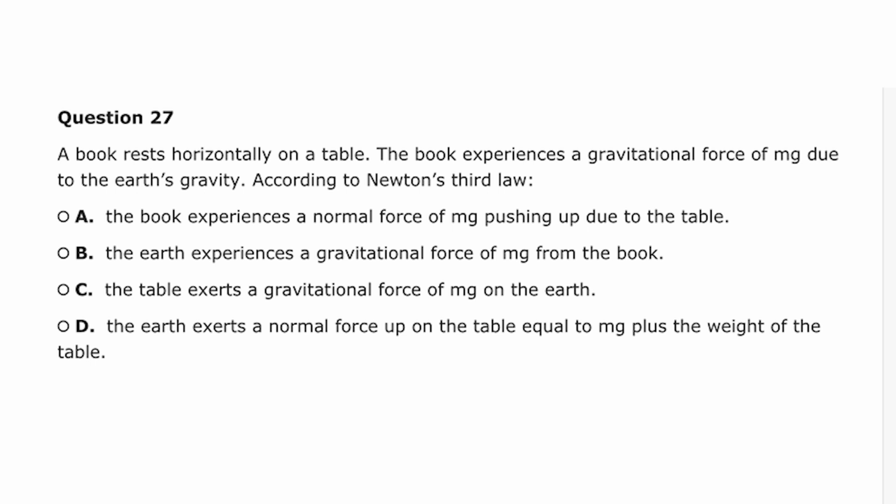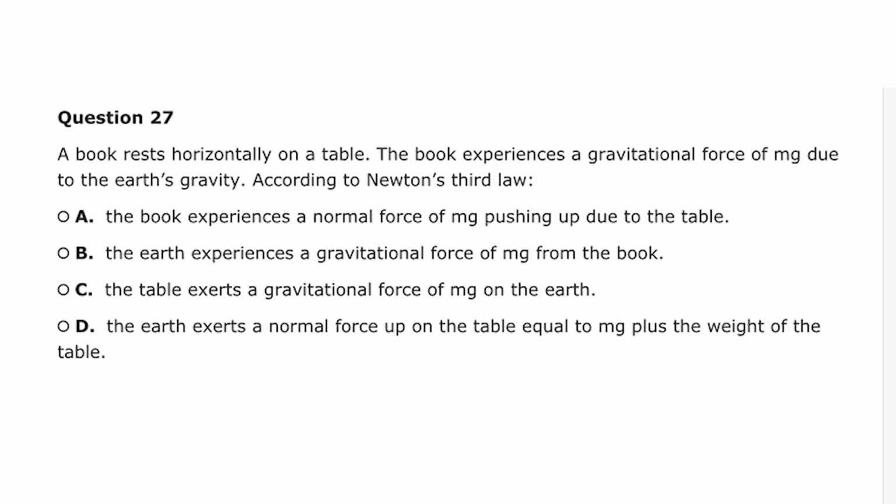Okay. So then I'm left with the Earth experiences the gravitational force of mg from the book, which, okay, maybe. And the table exerts a gravitational force of mg onto the Earth. Here's the problem with my MCAT judo, though: those answers both seem similar as well.